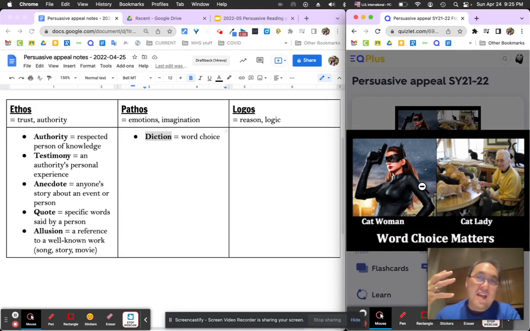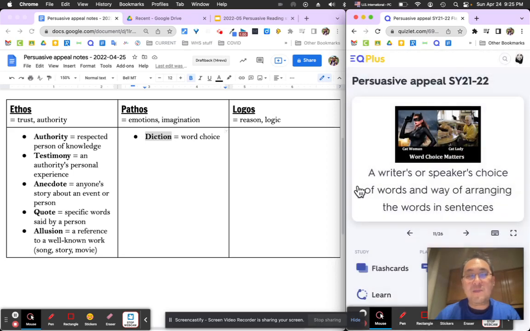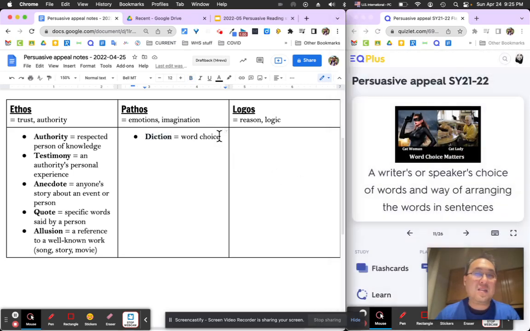You automatically have an idea: cat woman, wow, sexy, versus cat lady, the old woman who is alone and just has her cats. Both of them are female. If I said cat female, I'd be like, whatever. But cat woman versus cat lady, the word choice matters. We can come up with some more examples when I come back to school on Friday, hopefully.